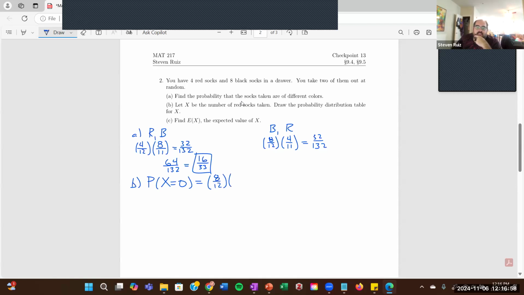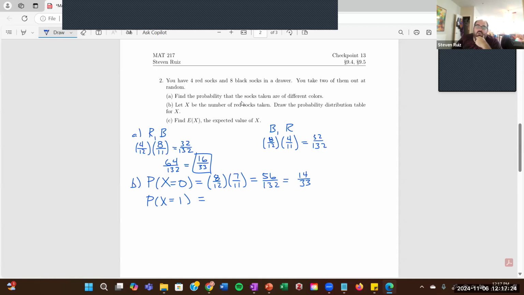And then another black sock is going to be 7 out of 11. So this is going to be 56 out of 132. And if I reduce, that's going to be 14 out of 33. All right. What's the probability that I draw exactly one red sock?